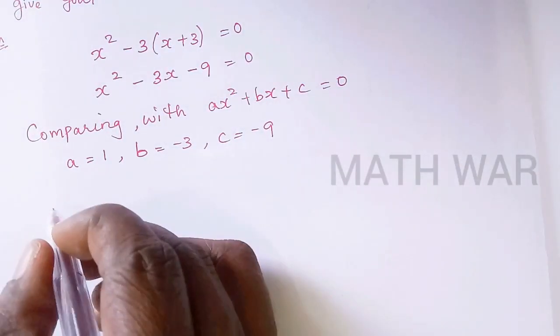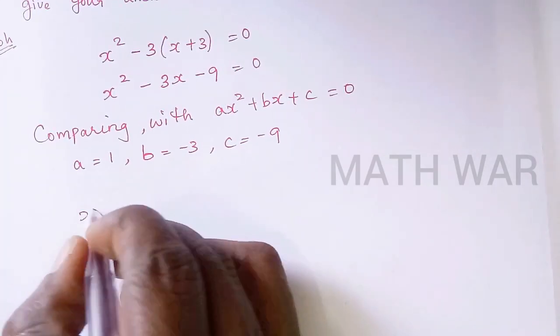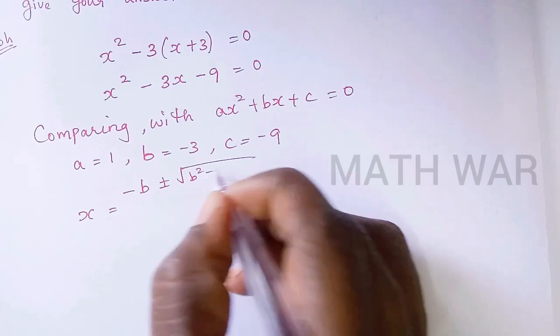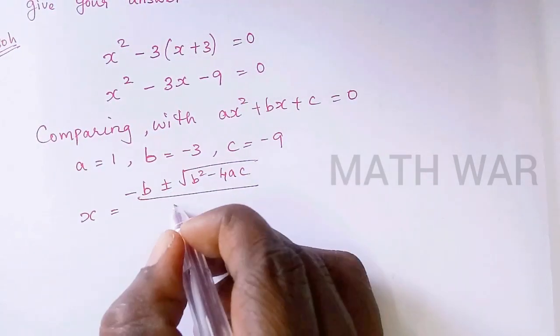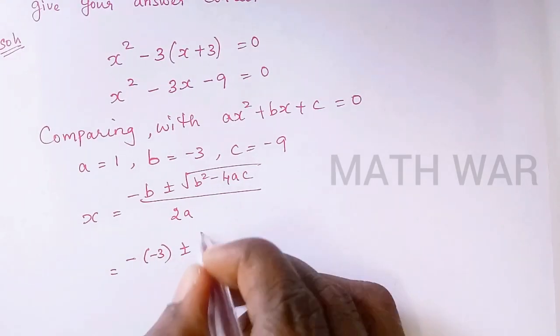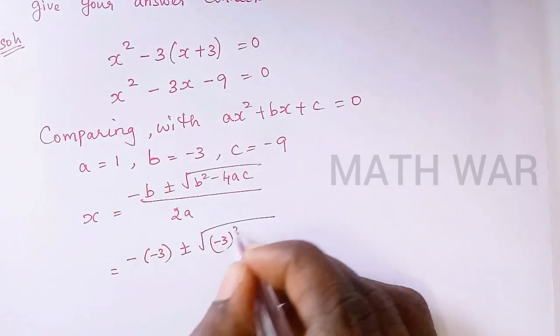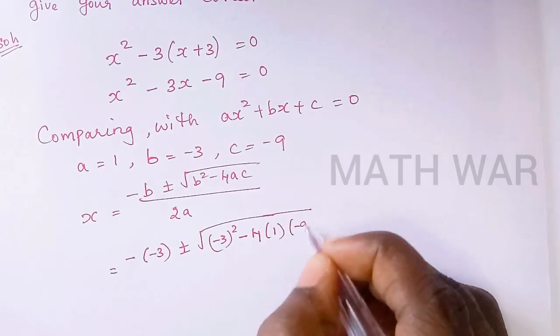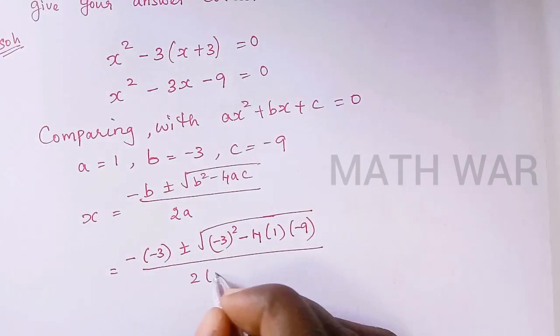Now we are going to solve this. x is equal to minus b plus or minus square root of b square minus 4ac by 2a. That is equal to minus of minus 3 plus or minus square root of minus 3 whole square minus 4 into 1 into minus 9 by 2 into 1.